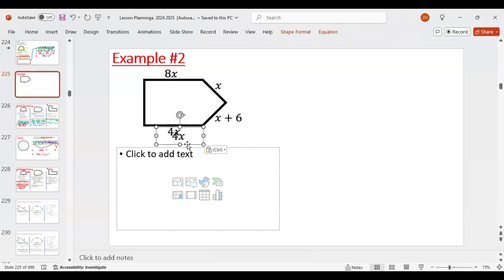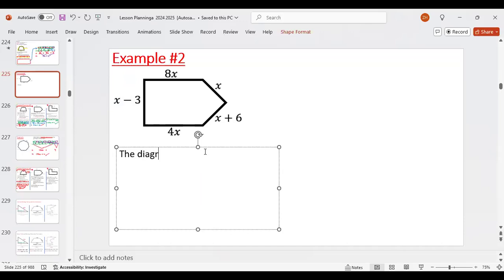Let's say that this one is x minus 3. This is basically even numbers except for 2, so let's switch it up so it wouldn't be all even.